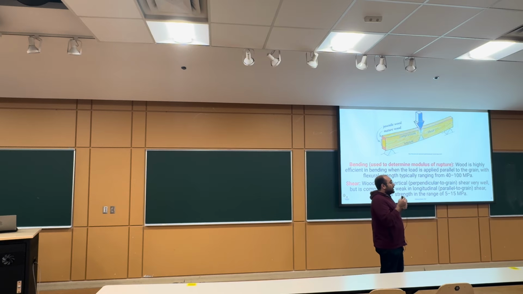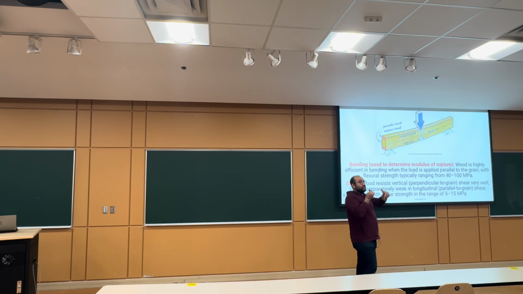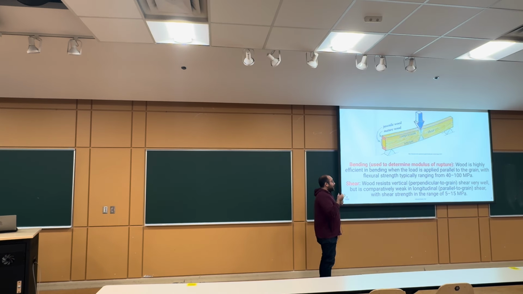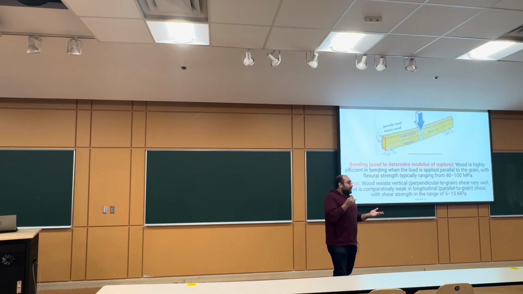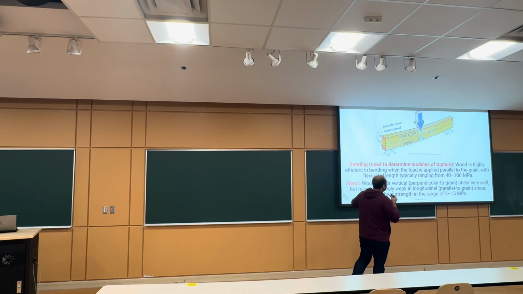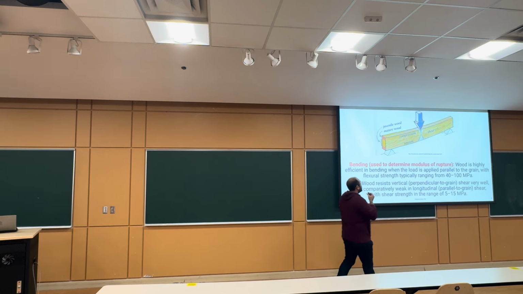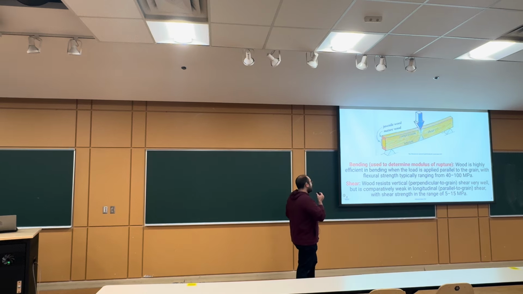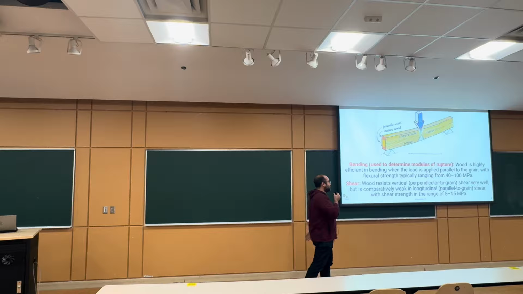Both of them are describing the same thing, but from different directions and different loads. In the modulus of elasticity, we are applying either tension or compression, but in bending we are just applying the mid-span force that is applied to cause bending, or cause a moment that will cause bending.